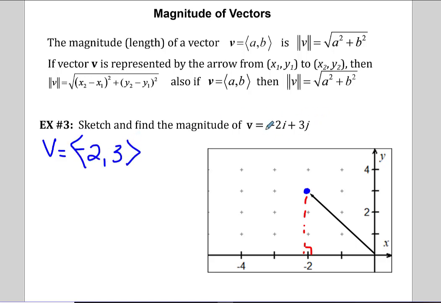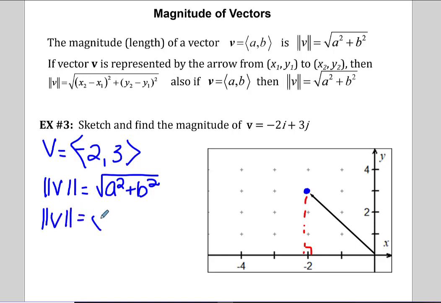This is linear combination form. And the magnitude is the square root of the sum of the A term squared and the B term squared. Whew, got my words jumbled there.